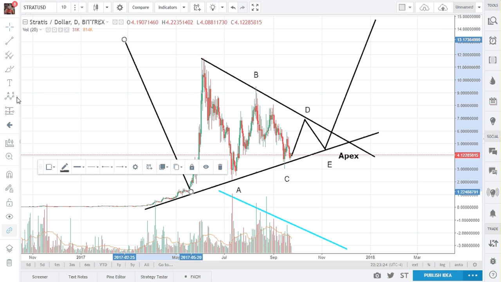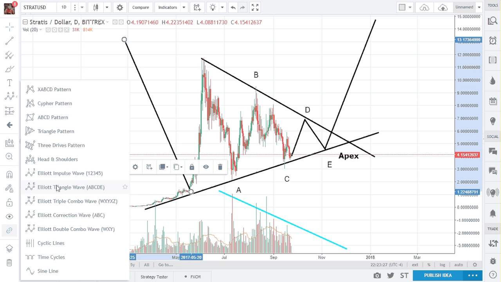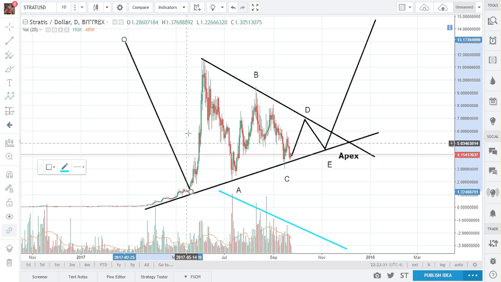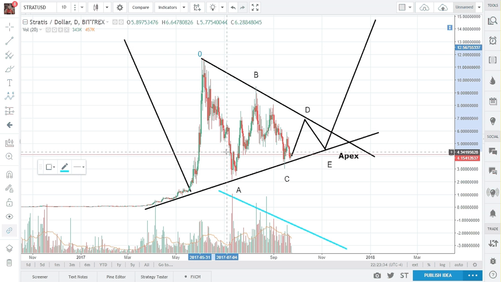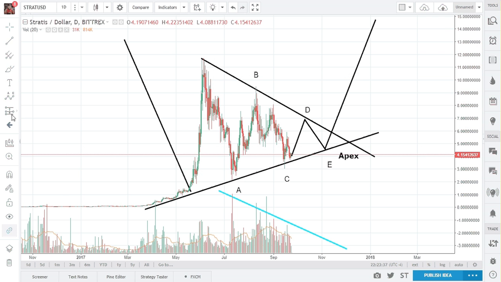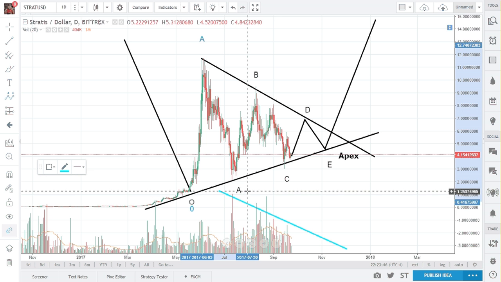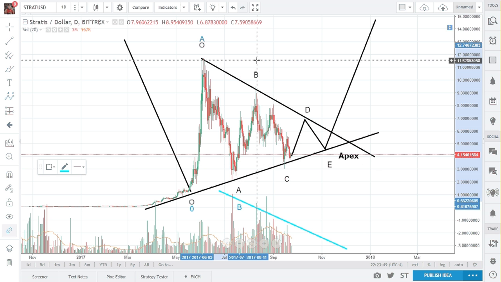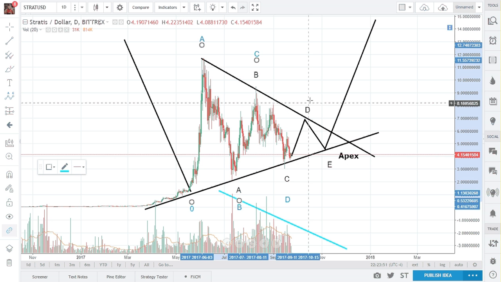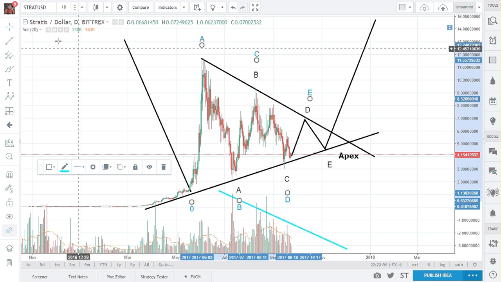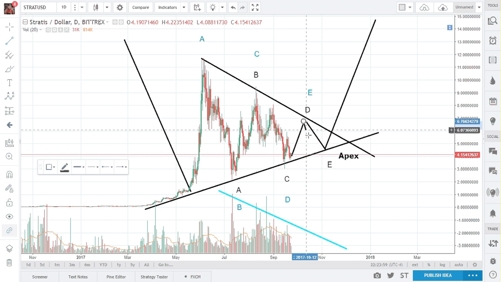Then I would label this differently, but still A, B, C, D, E. If your price was starting on a decline, then I would call this A, B, C, D, E. And since E is on the top range, probabilistically, price will decline.